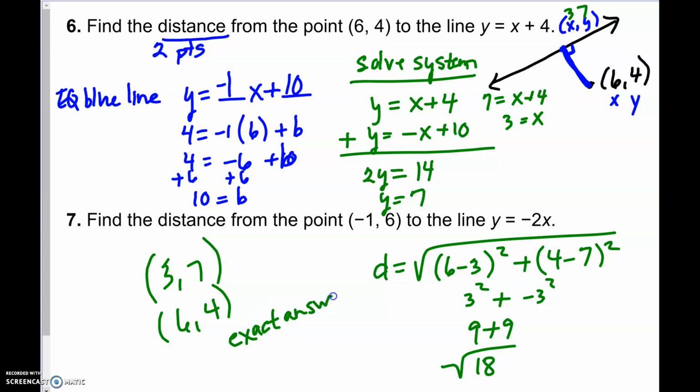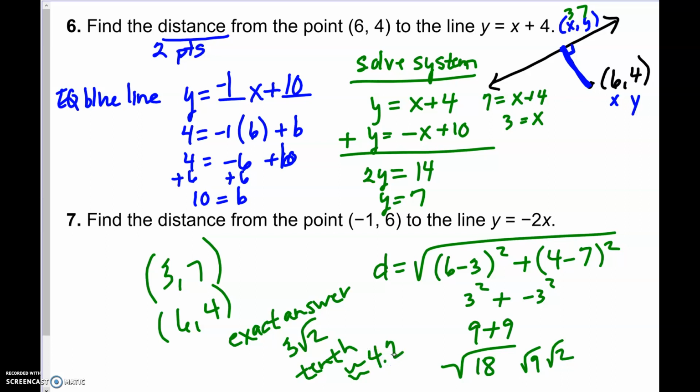If they're asking for an exact answer, the square root of 18 is the square root of 9 times the square root of 2, so it would be 3 root 2. If they don't ask for an exact answer, then we round to the nearest tenth. The square root of 18 is approximately 4.2.